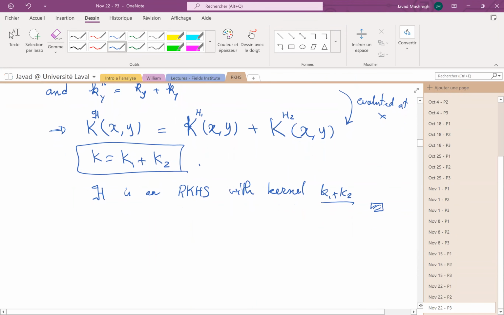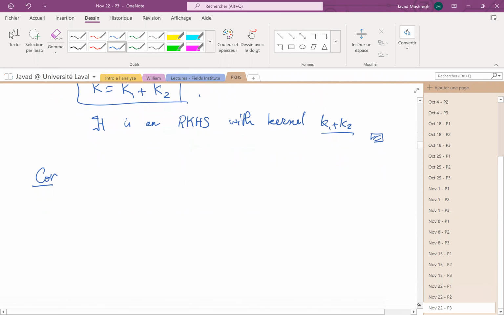There are even some nice examples here in the finite dimensional case. But before that, let's have a corollary, which is a useful corollary when the intersection of H1 and H2 is just 0. And that's the easy case.